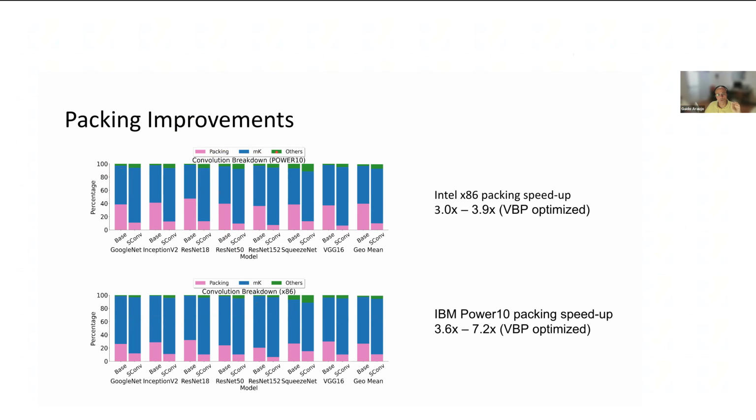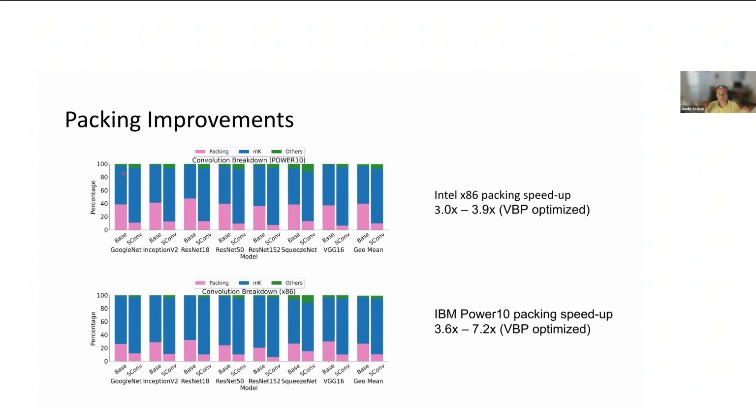So this pink sub-bar means the amount of time of the whole convolution execution devoted to packing, and we measure how much time you're spending in your microkernel, the blue sub-bar.